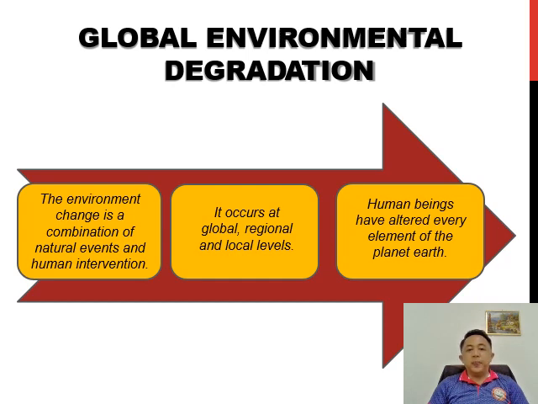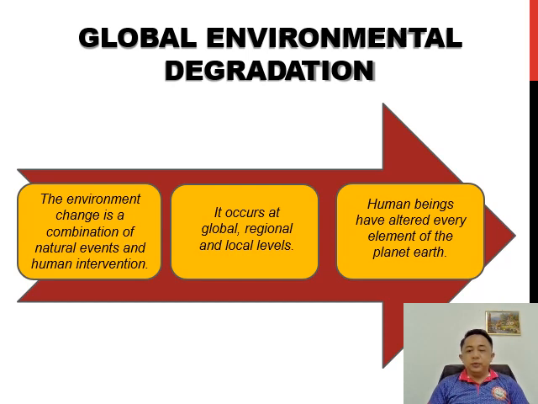Aside from volcanic eruptions, the burning of forest areas, which may be accidental in nature, may also contribute to the production of greenhouse gases. Those are some examples of natural events.